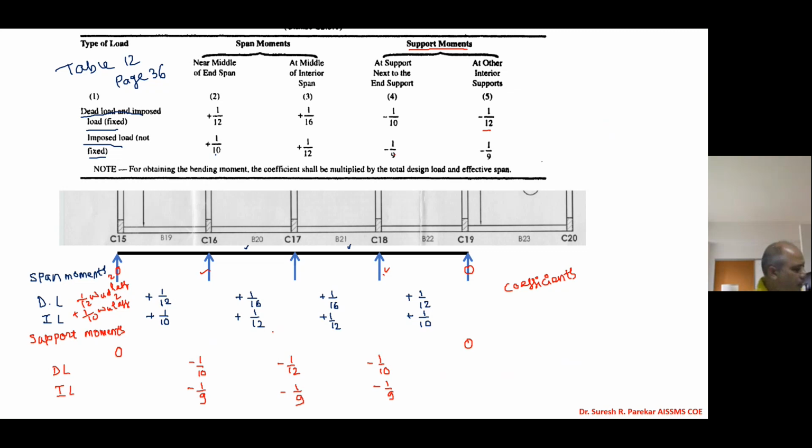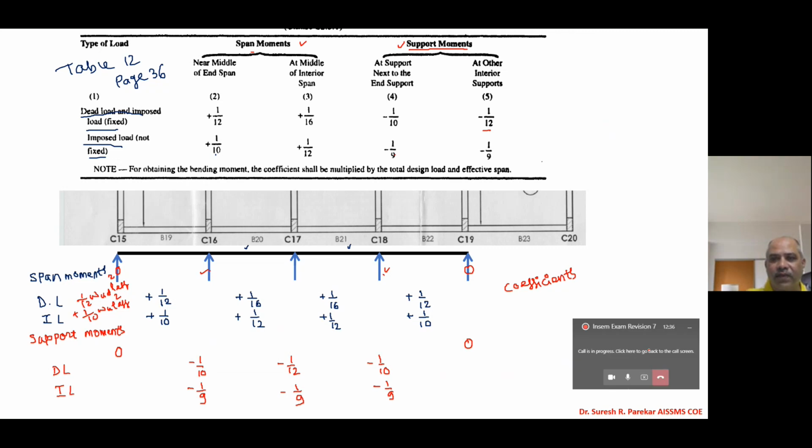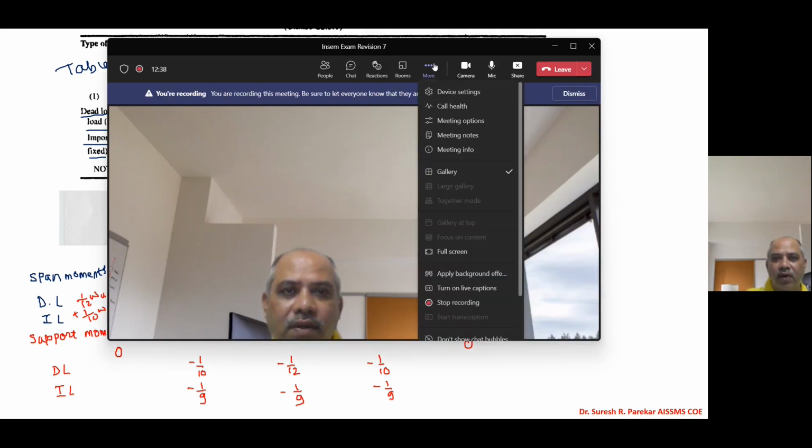In the question, we have to find the bending moment coefficients for the continuous slab. These are the span moments and the support moments, given in table number 12. So we will stop here only. All the best for your examination. Thank you.